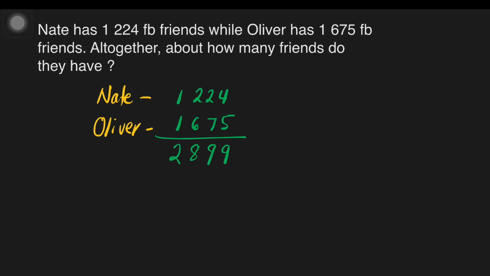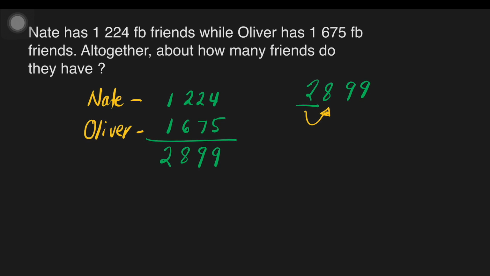This time, let's round it off to the nearest thousands. 2,899. Let's locate the number that is in the thousands place. This is the thousands place. What number is next to its right? That is 8.